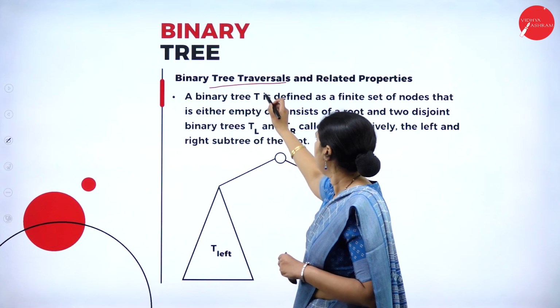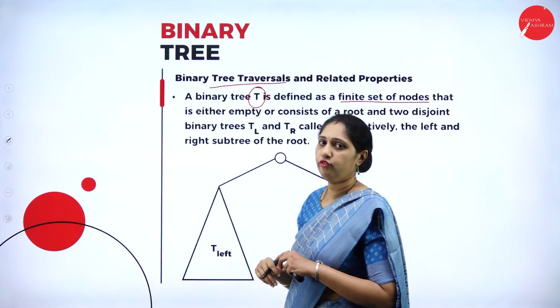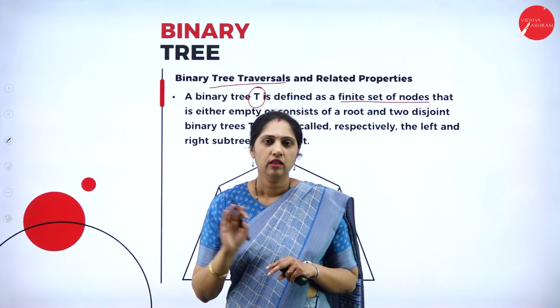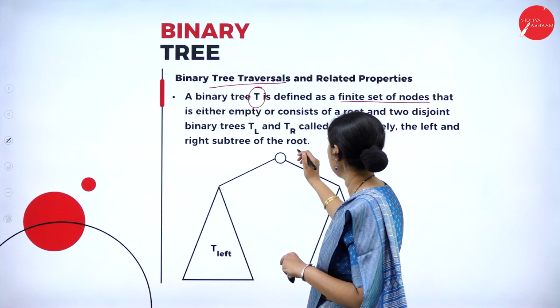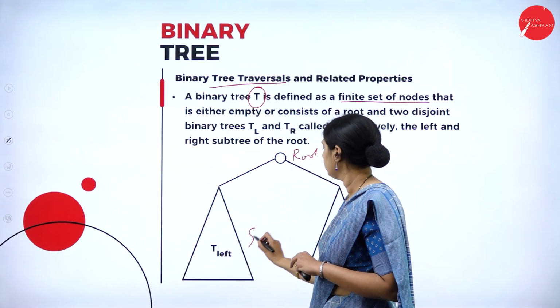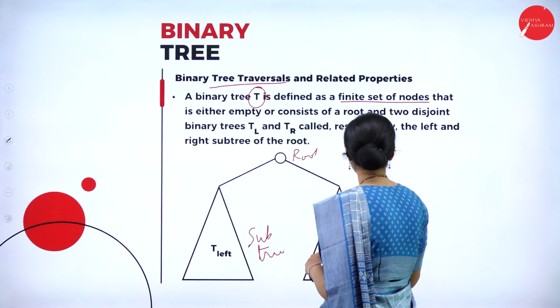We say a binary tree T is defined as a finite set of nodes. It is not infinite; finite means we can count. Say this is the root, here is the left subtree, and here is the right subtree.